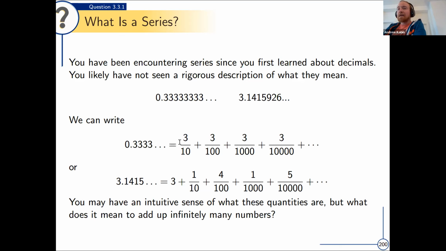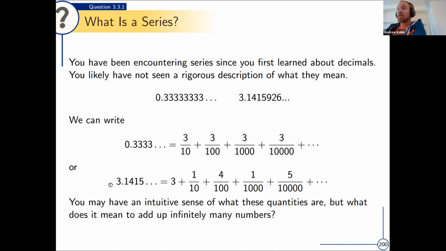And the fact that these are different fractions with the denominator a different power of 10 means that they won't collide and cause any carrying of terms, anything like that. So these are really independent fractions we can add up separately. They have a clear pattern in this case, and we will learn how to show that this infinite sum of numbers adds up to 1/3, or this decimal expansion.